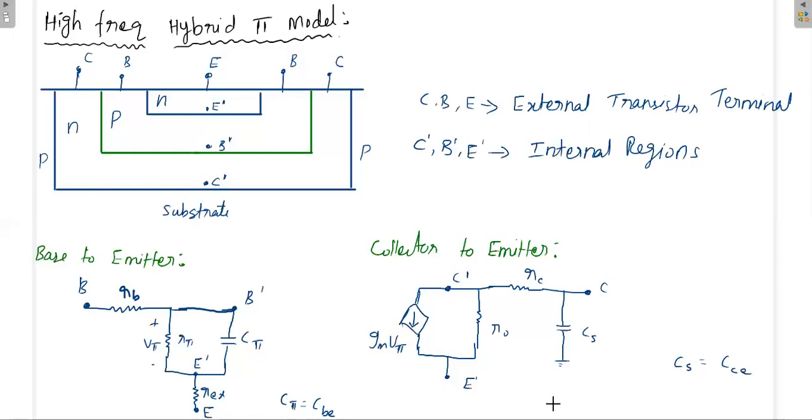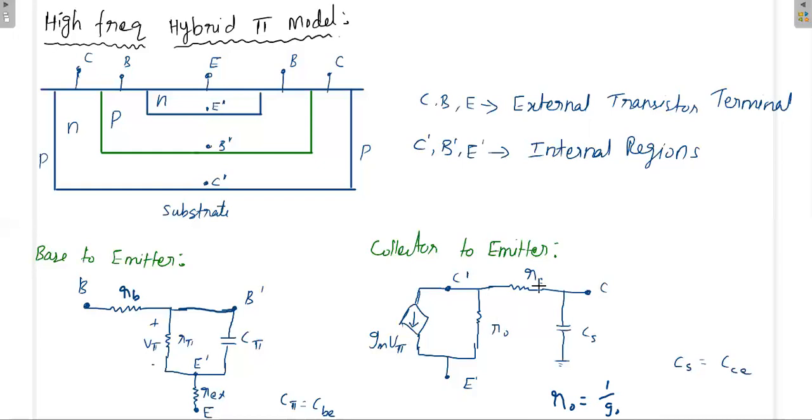That R naught is due to 1 by G naught, like output conductance. This is due to the nature of base width modulation or the early effect. If there is no early effect, G naught value is 0, then R naught is infinite. It's like an open circuit, so you can remove this term.